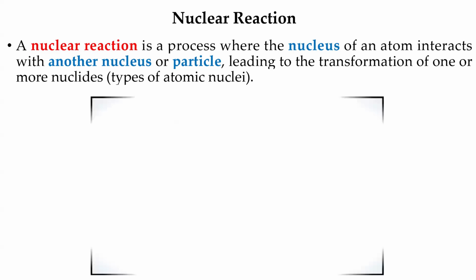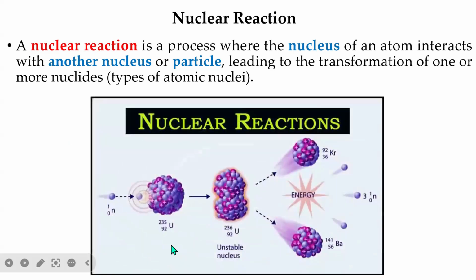For example, look at this case here. We have uranium-235 interacting with a neutron. The neutron interacts with the nuclide of uranium-235, which leads to the formation of uranium-236.